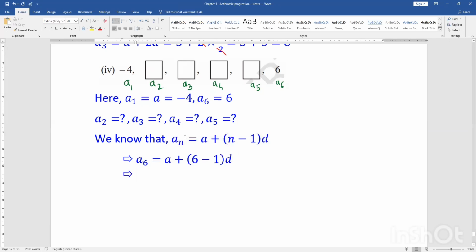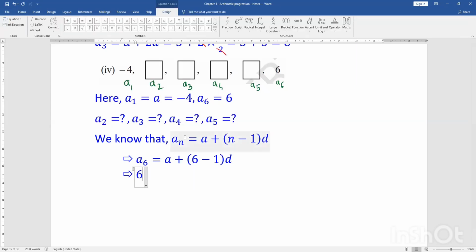A6 is going to be 6, correct, children? So 6 equals A plus 6 minus 1 is 5, 5 into D. And A value is how much? A value is -4. First term is -4.